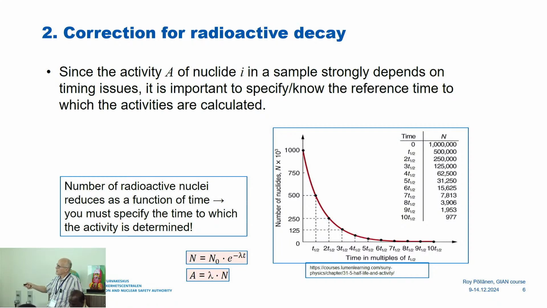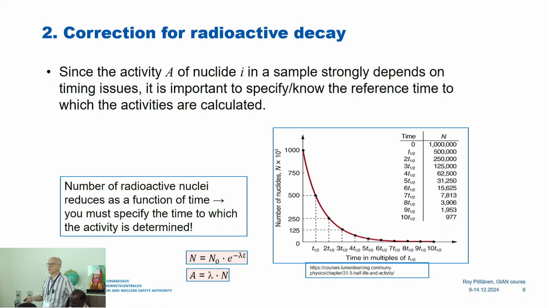The starting point is 1 million nuclides, or activity, in the beginning of time. After one half-life, there are only 500,000. After two, there are 250,000, etc., etc.